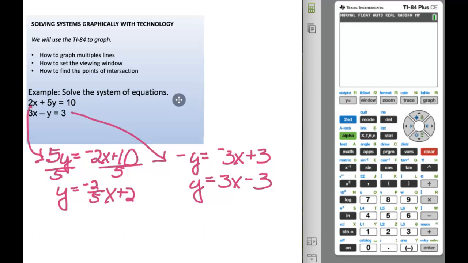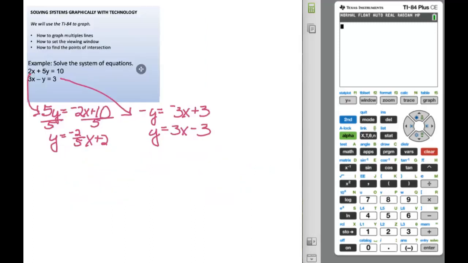So going over here to our calculator, I hope this is going to work. Okay, so now we'd like to put these two equations into our calculator. If you'll notice across the top row up here, these function keys deal with graphing.